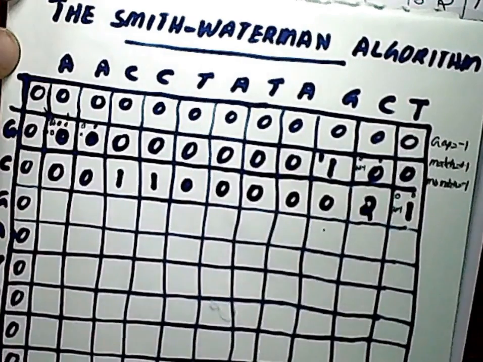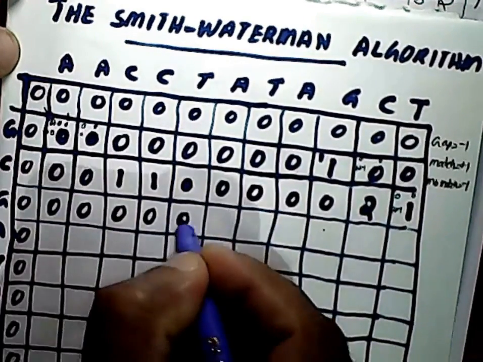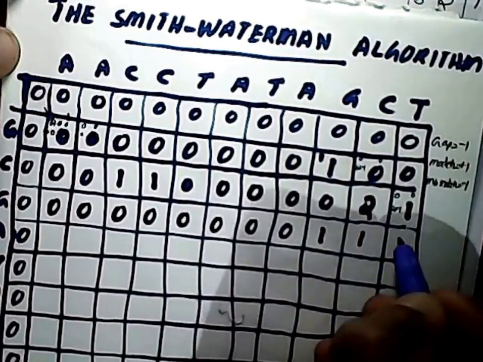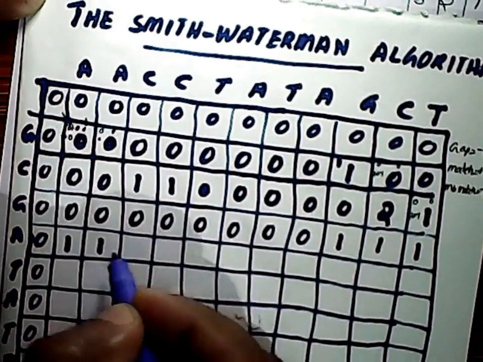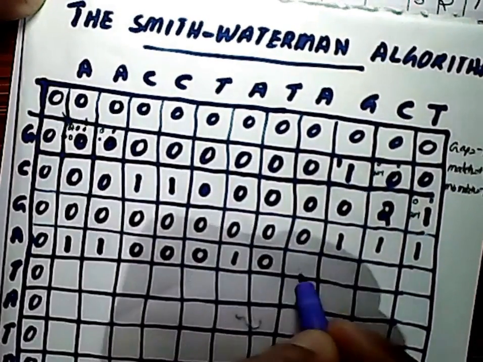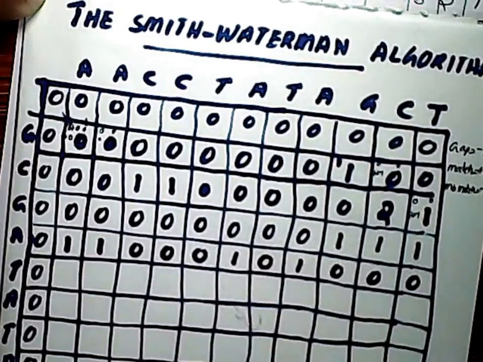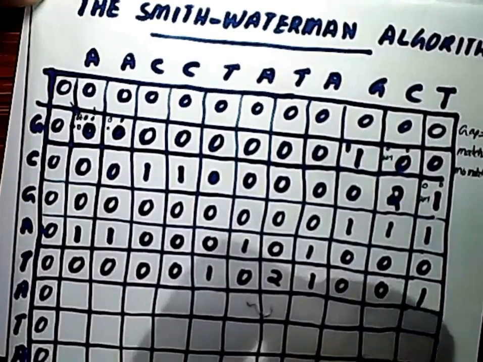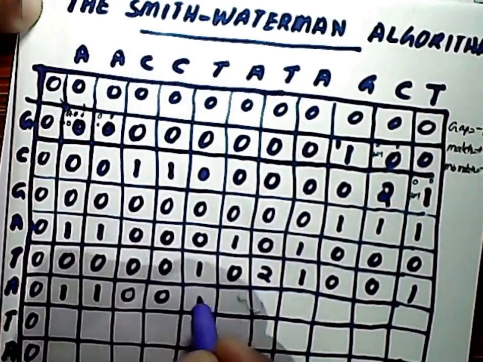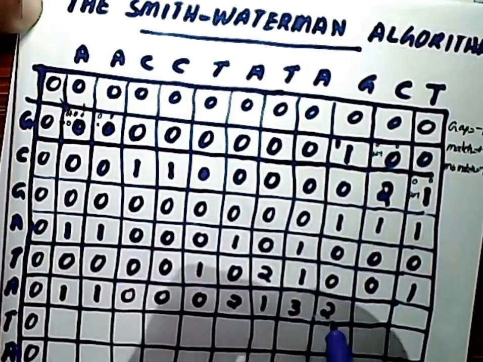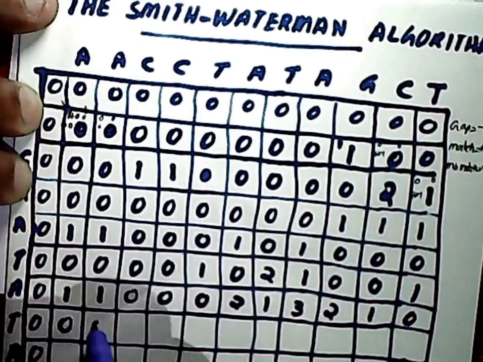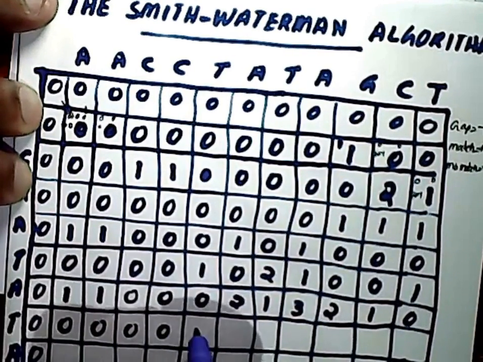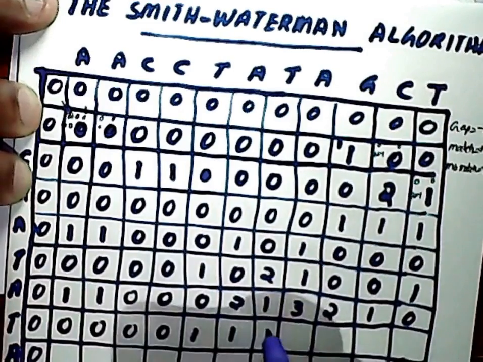When a match occurs for the diagonal elements, we write 1 by adding to the diagonal element value. Here, when we take the value from the left side, 1, we have gap value -1. So 1 plus -1, value becomes 0.